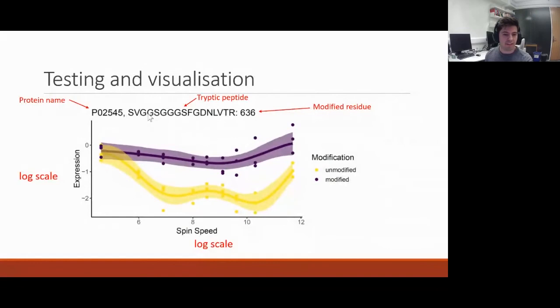So how do these data look? Just to see, this is the protein, this is the tryptic peptide that we're testing and have measured, and this is the modified residue that we're interested in. And as you can see, for this peptide, the modified and unmodified trajectories are different, and this is indicative of a change in localization for this peptide.